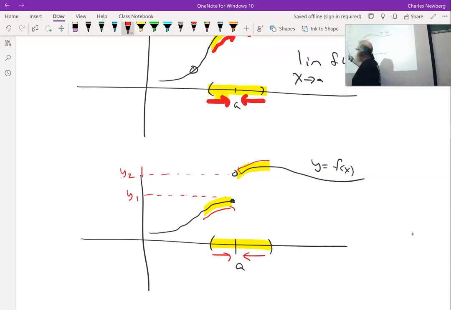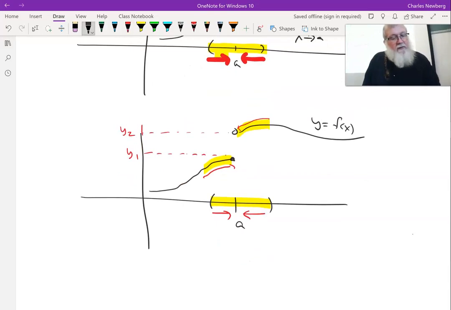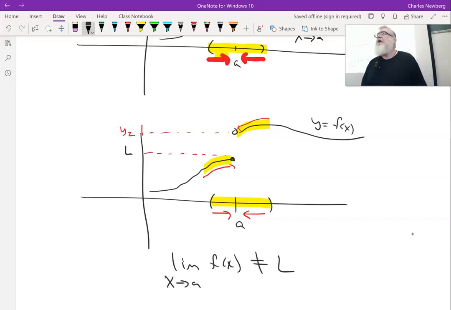Are y1 and y2 the same value? They're not the same value. So what would we say on this one? We would say the limit as x approaches a of f of x, and let's call this first y value here L, does not equal L, because as we come into A on one side, it's going to one value, and we come into A on the other side, it's going to a second value.